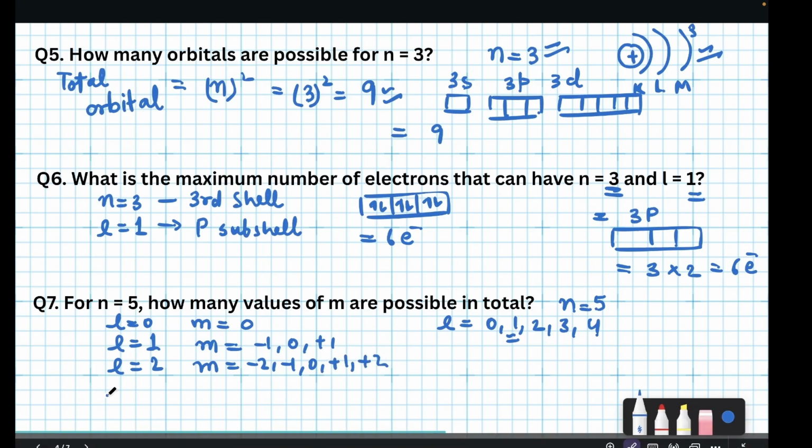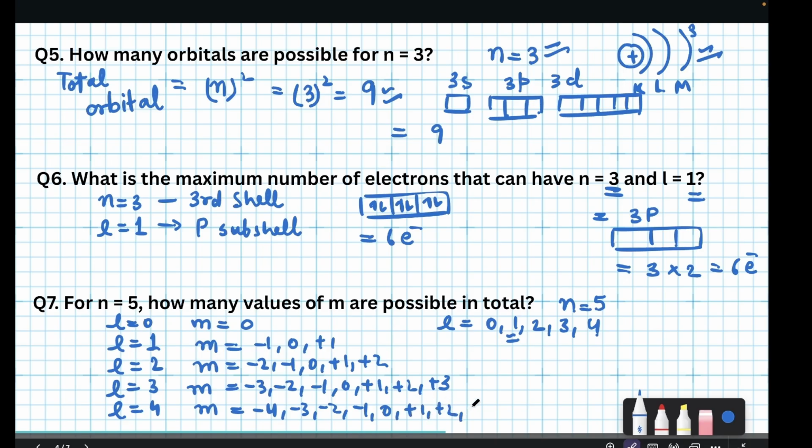And for l is equal to 3, possible values of m will be -3, -2, -1, 0, +1, +2 and +3. And at last, for l is equal to 4, possible values of m will be -4, -3, -2, -1, 0, +1, +2, +3 and +4.